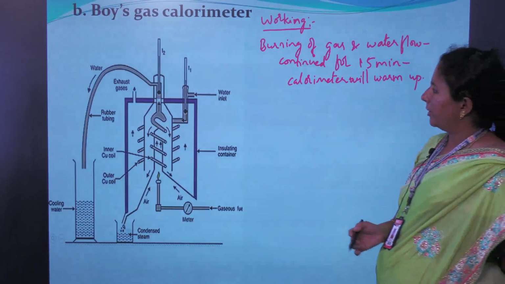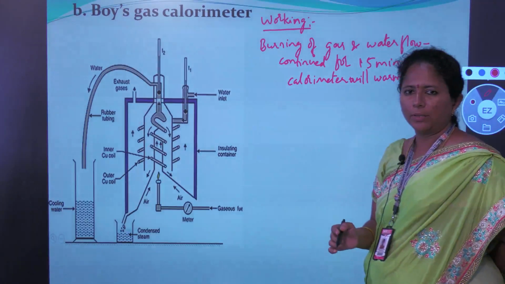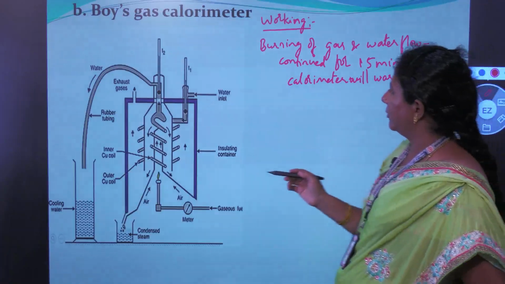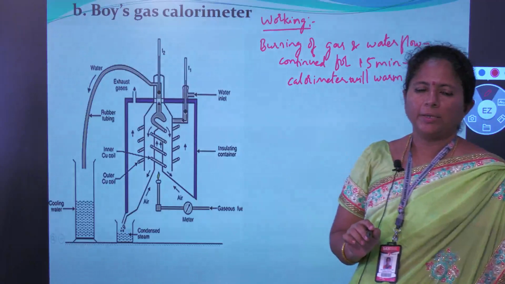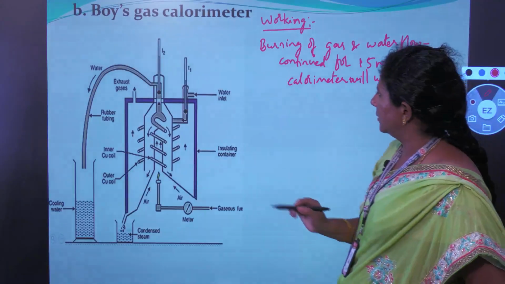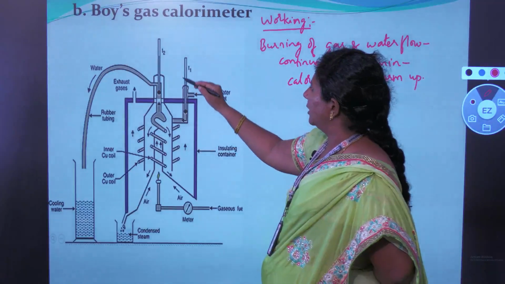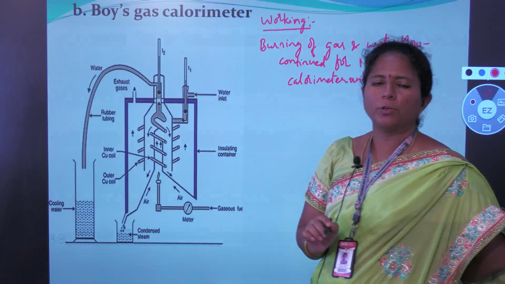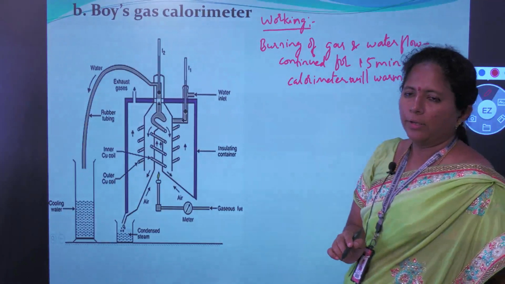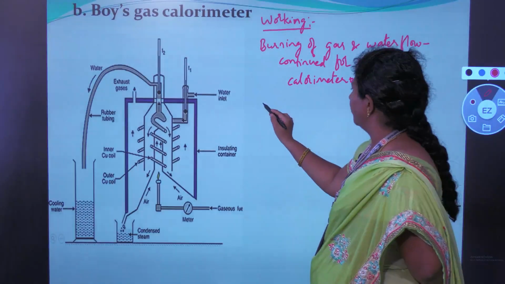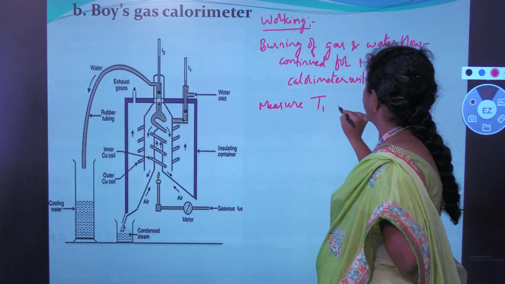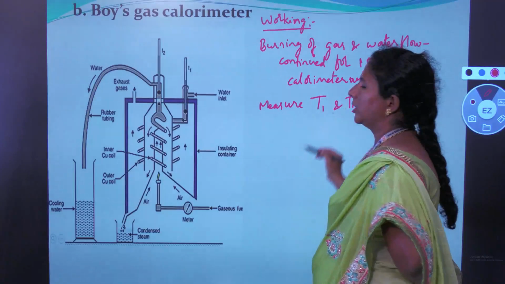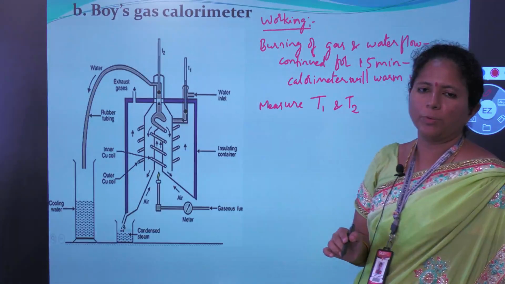Once the calorimeter is warmed up, the burning of the fuel and water supply should be carried out in such a way that water will be going at the top at atmospheric pressure. During that time, we have to measure T1 and T2, that means the temperature of incoming water and the temperature of outgoing water.